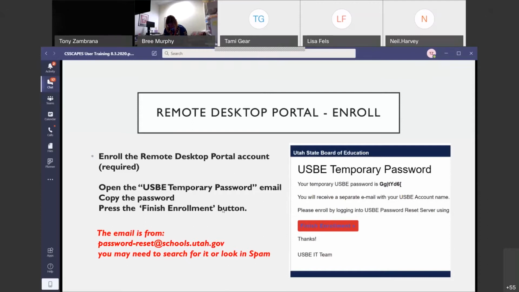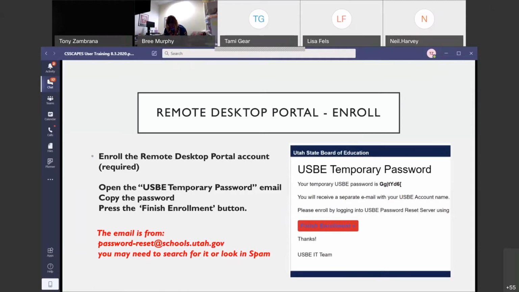Yeah, you log in, and so basically, in order to log into the RDS portal, you first must have an account enrolled, and so that comes from the Board of Ed. It's an email that we send. So up to this point, we've enrolled about, I would say, 20% of the Seascapes users.